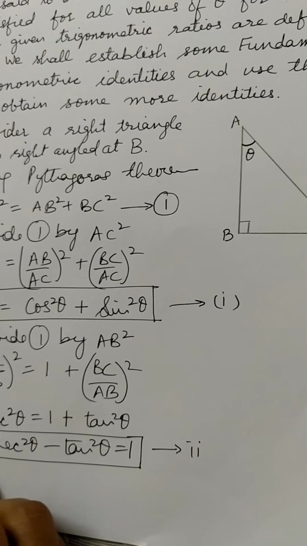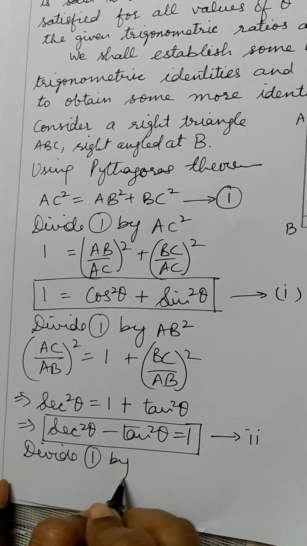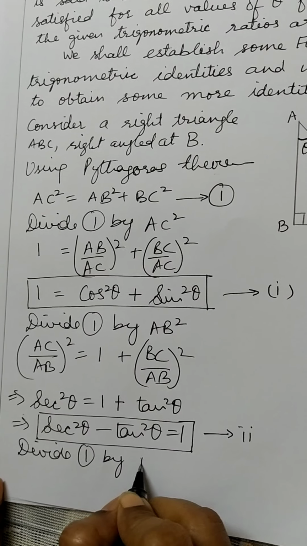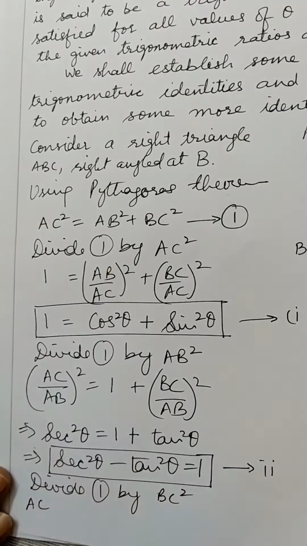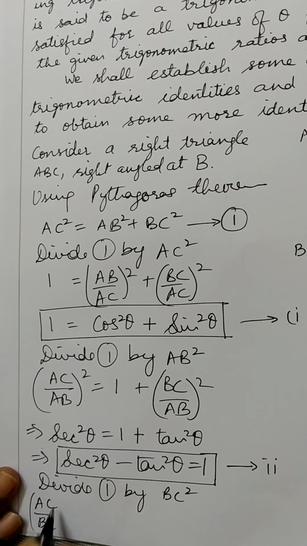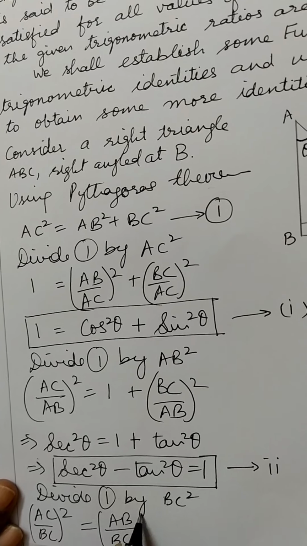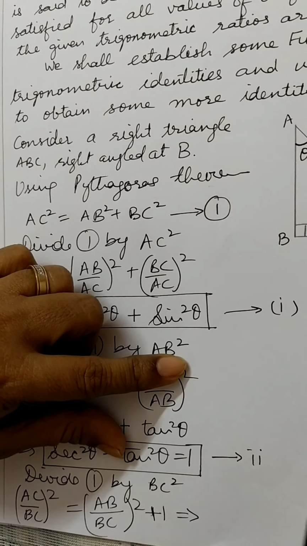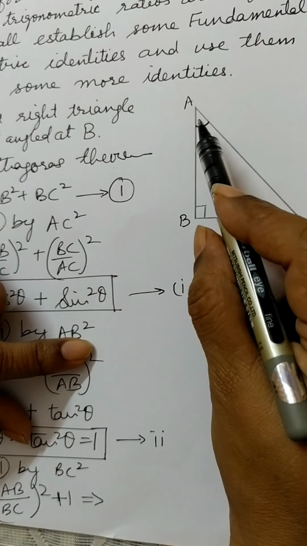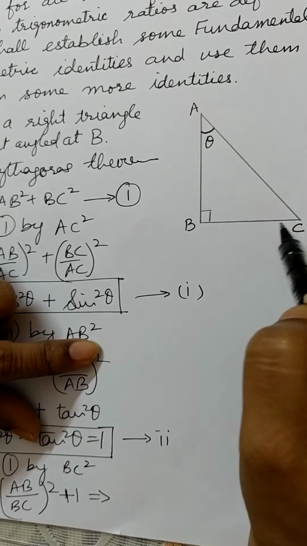Now we divide the same equation 1 by the third term, that is BC square, and we get AC upon BC whole square is equal to AB upon BC whole square plus 1. Now look at the figure. AC upon BC: AC is the hypotenuse and BC is the side opposite to theta.